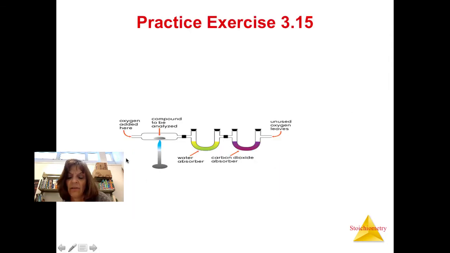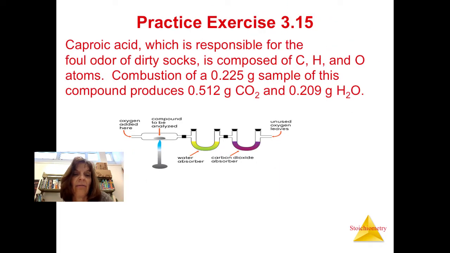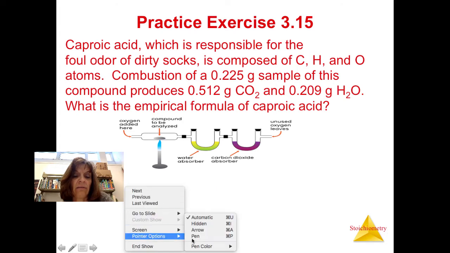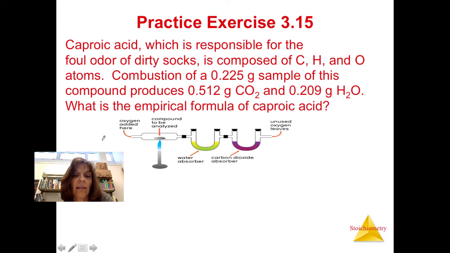All right, so we have caproic acid, which is responsible for the foul odor of dirty socks. You always wondered about that, didn't you? It's got just carbon, hydrogen, and oxygen. And if you combust 0.255 grams of the compound, I'm going to make notes of the numbers.